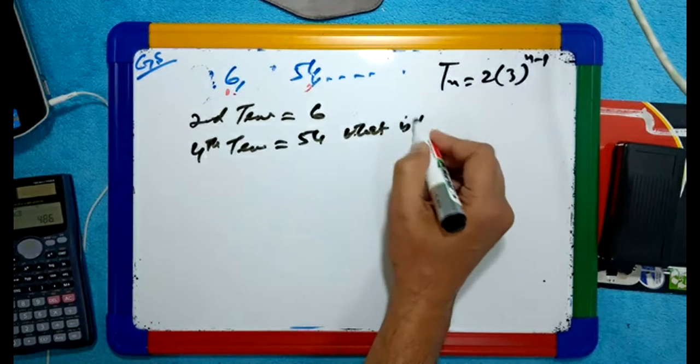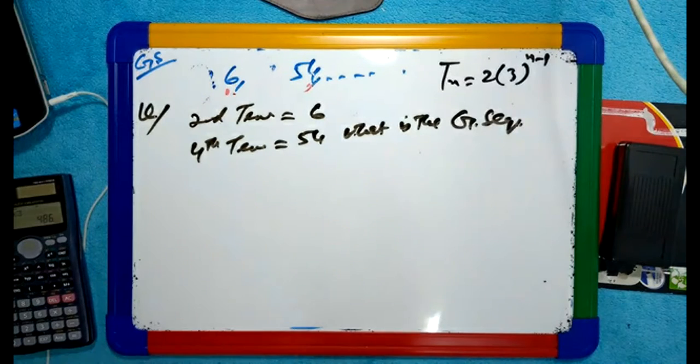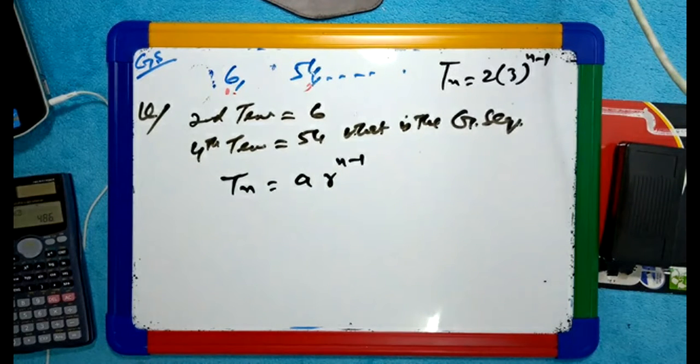This will come the same, but now how will we deal with it? Your general formula is A R raised to power n minus 1. You must remember this general formula. Tn equals A R raised to power n minus 1. Now what will I put on the left side and what on the right side?